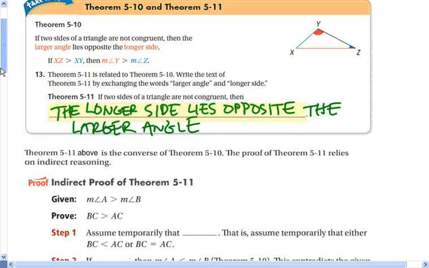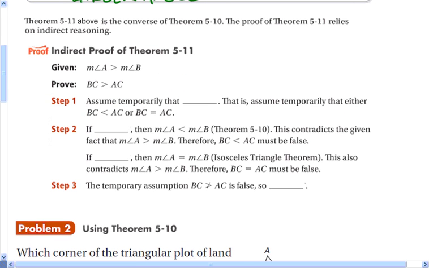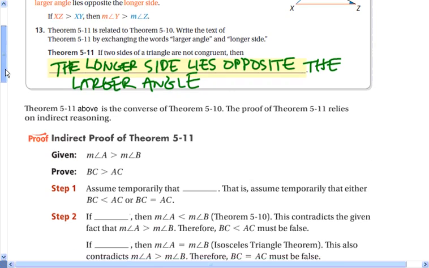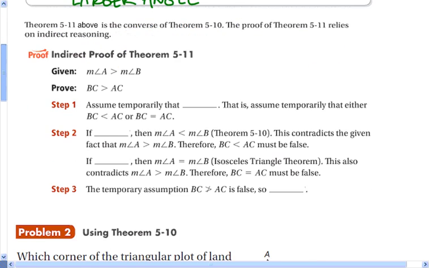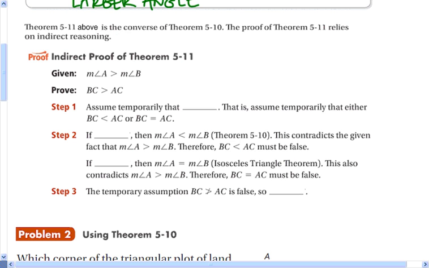All right, we're going to give a proof of this, an indirect proof. So given that the measure of angle A is greater than the measure of angle B, and you can see that, we want to prove that BC is greater than AC. So assume temporarily that BC is not greater than AC. In other words, BC is less than or equal to AC.